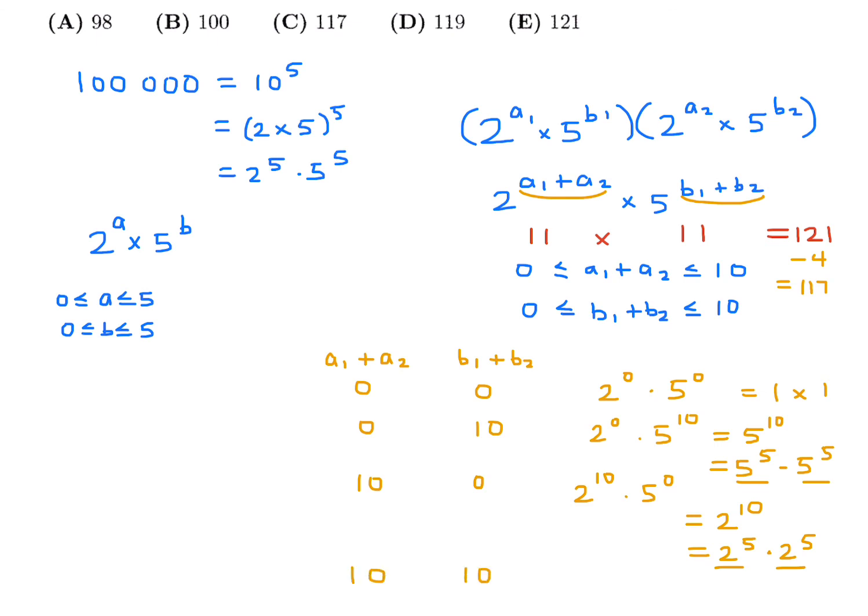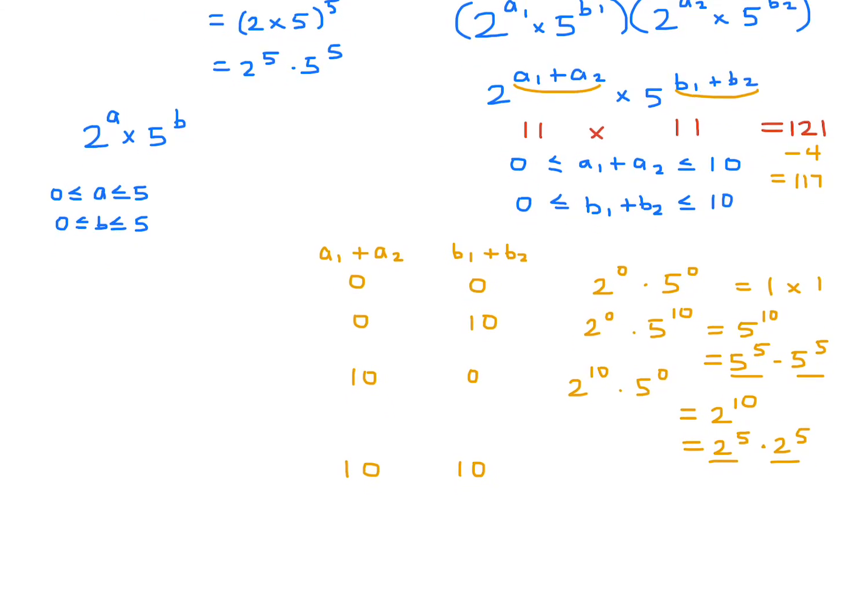And the last one is when you have 10 and 10. So 10 and 10 is basically 2 to the power of 10 times 5 to the power of 10. Now, the only way that could have happened is if you had 2 to the power of 5 times 2 to the power of 5 times 5 to the power of 5 times 5 to the power of 5. And one combination of this would be combining this with that.